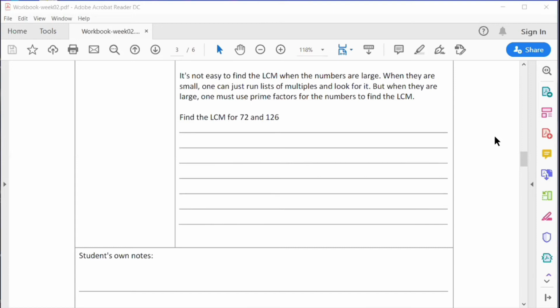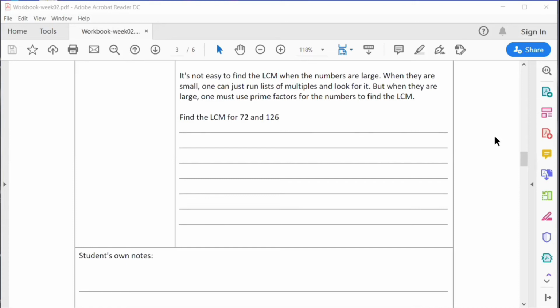But when the LCM is very large, for example, if the denominators are 72 and 126, what are you going to do? Are you going to run the list up to hundreds? You can't, right?